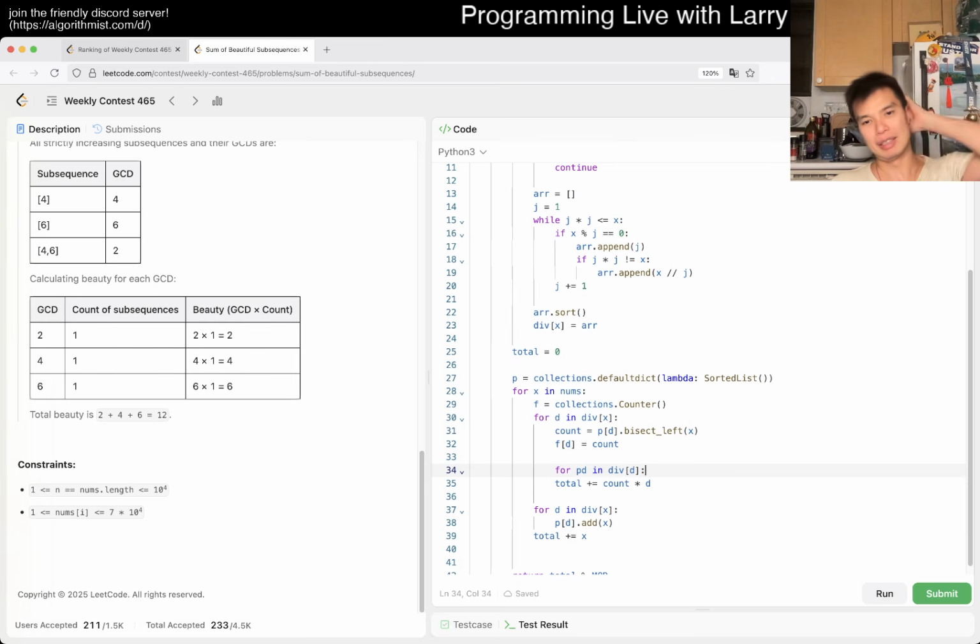Yes, that's right. I think this will work, but it is too slow, which is fine.